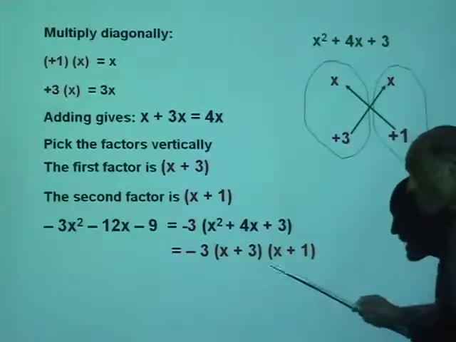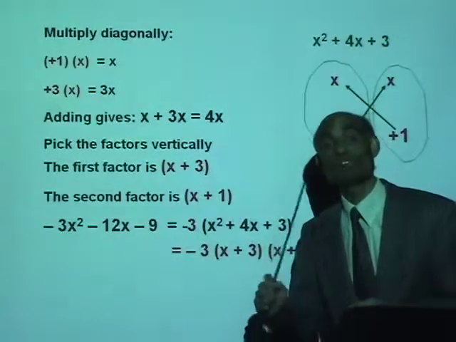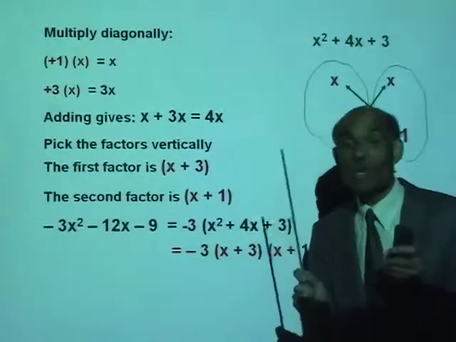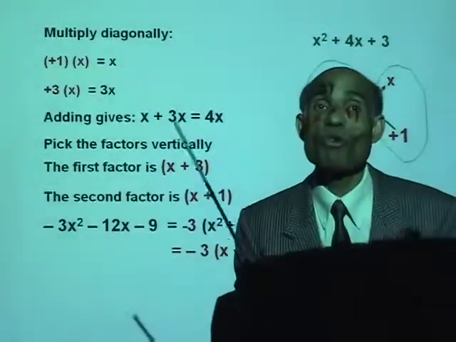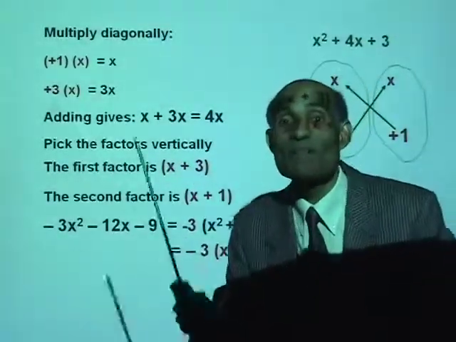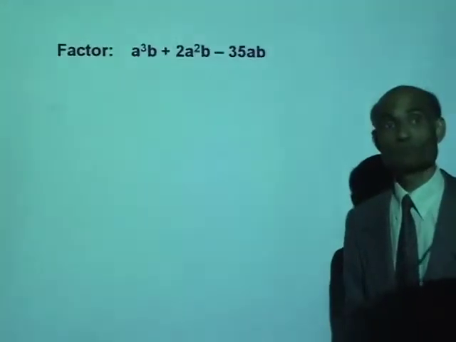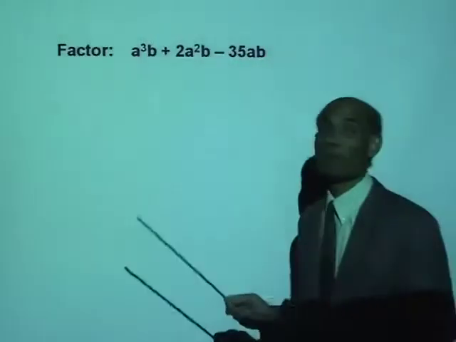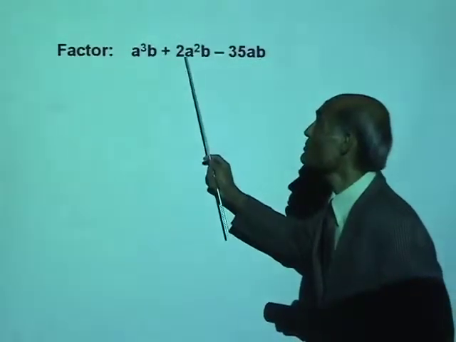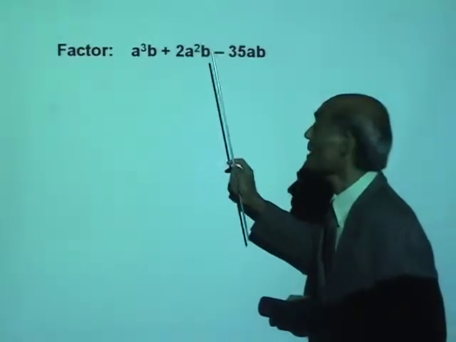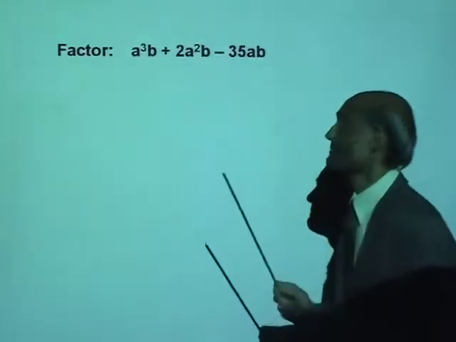There are 3 factors for that polynomial. I hope you understand that method. Always look for common factor that can be pulled out before you apply any other method of factoring. All right, try another one. Okay, try this. Factor a cubed b plus 2a squared b minus 35ab.